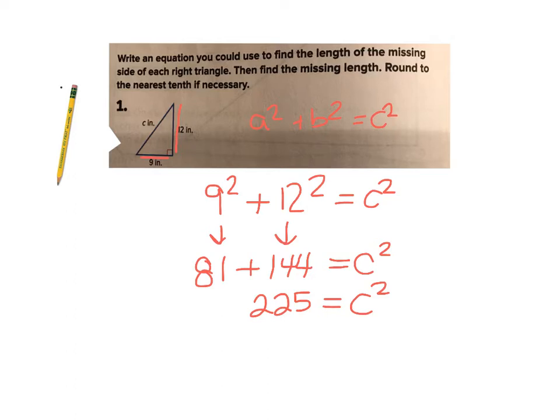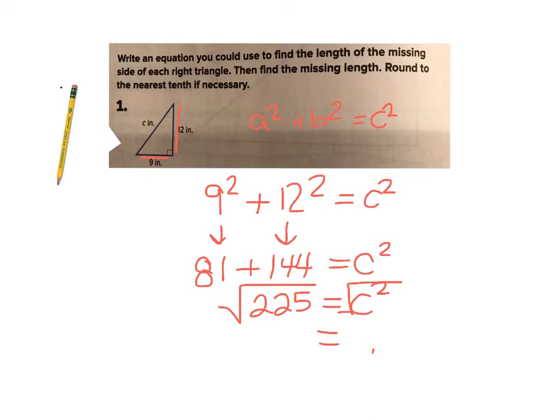Now I'm not sure that we've worked with this in the past, but if I have my variable and it is currently being raised to a power or being squared, in order to find out what just one C is, I need to take the square root of both sides of my equation here. So I'm going to take the square root of C squared and the square root of 225.